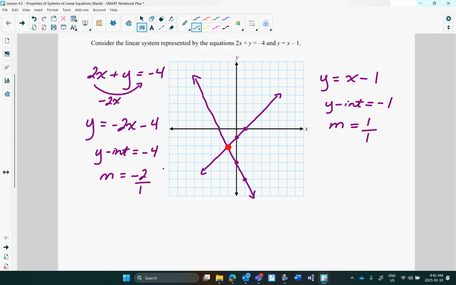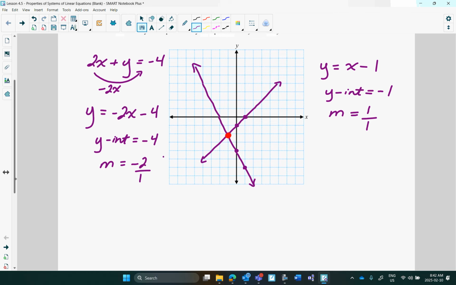So, when we put each of these in slope intercept form, were the slopes the same in each one? No. Okay.